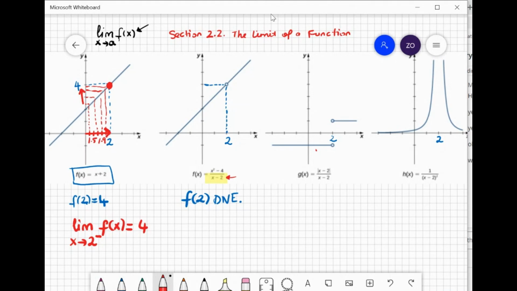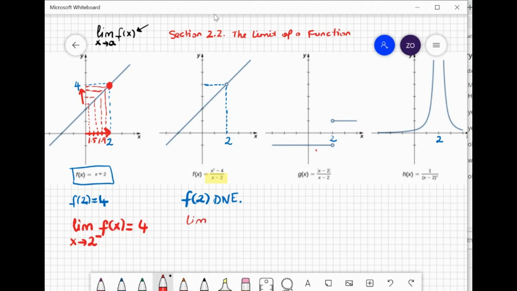Division by 0 is not defined. If you plug in 2 for this function, the denominator will be 0. That's why f of 2 is not defined. It does not exist. However, we can talk about the limit of this function.